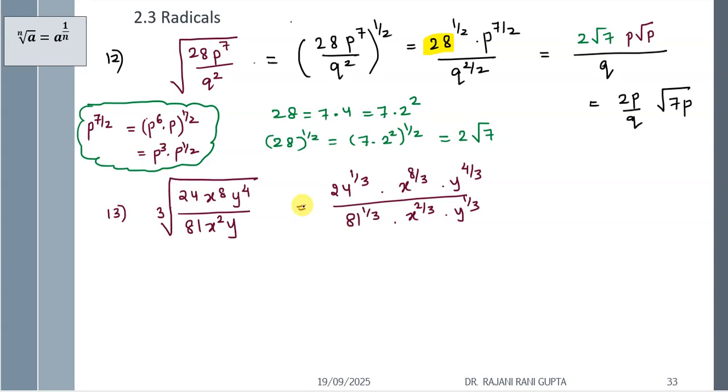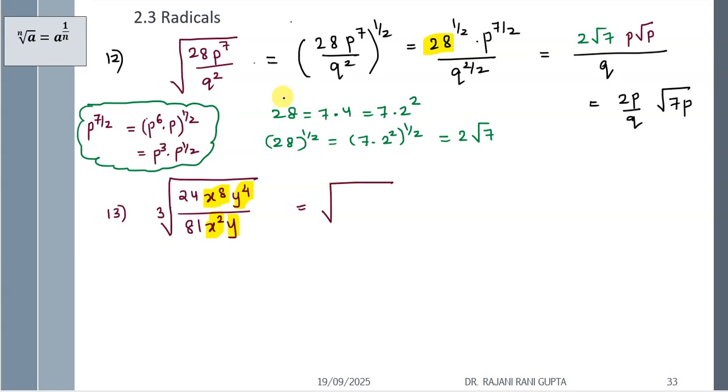As I said, you can do it like this, or what else you can do is, you see x in numerator and denominator, also y in numerator and denominator. So why not simplify this first and then work on it? I think that will be much easier. So it will be cube root of 24 over 81. Can we simplify 24 over 81 as well?